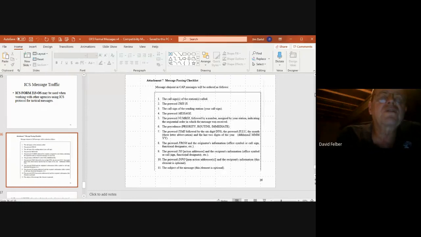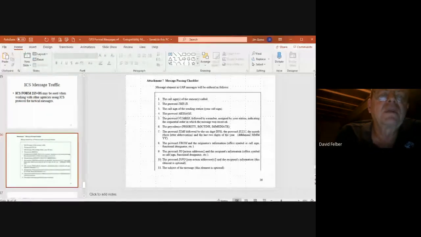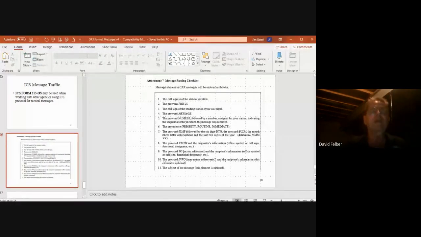This is the checklist for message passing, attachment 7 to CAPR 100-3. So you might want to make a copy of it. You'll want to refer to it when you make up your practice message that you're going to email to us during the coming week.